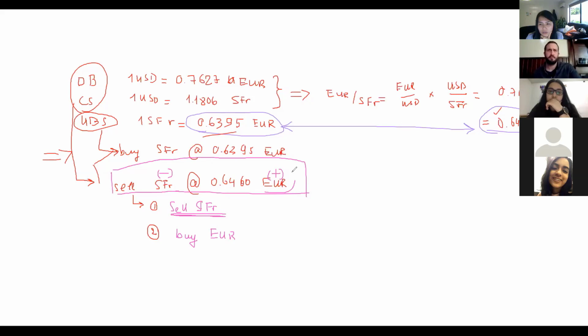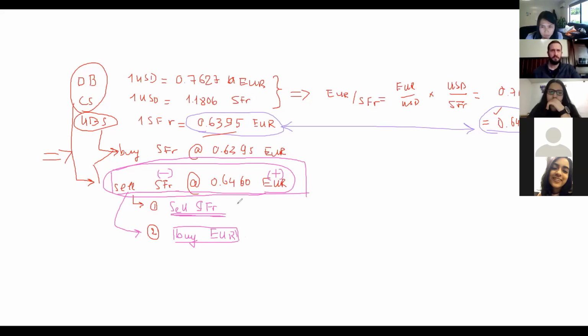And then because for this transaction I'm going to acquire the euro in the process, my second transaction will be to buy the euro. Okay, does that make sense? So these two transactions should be consistent with what you do over here.